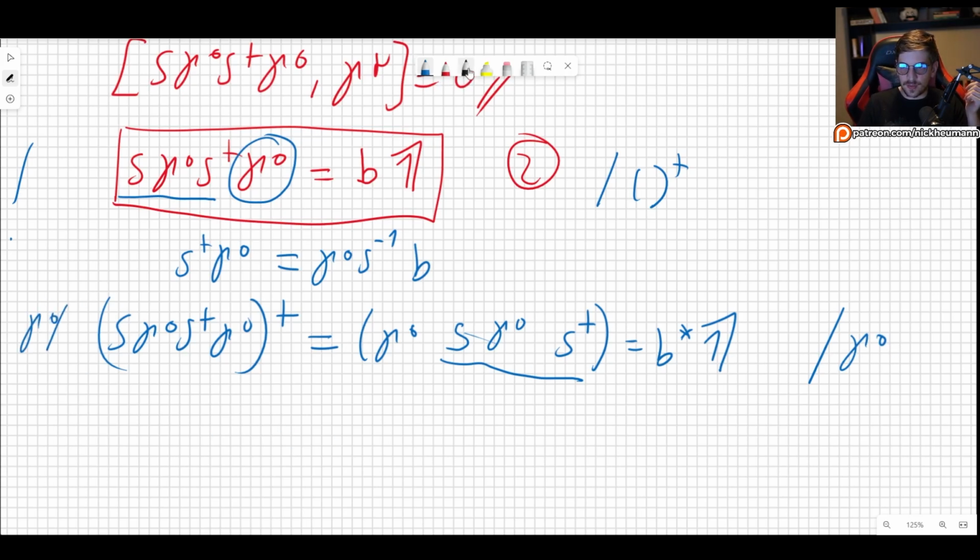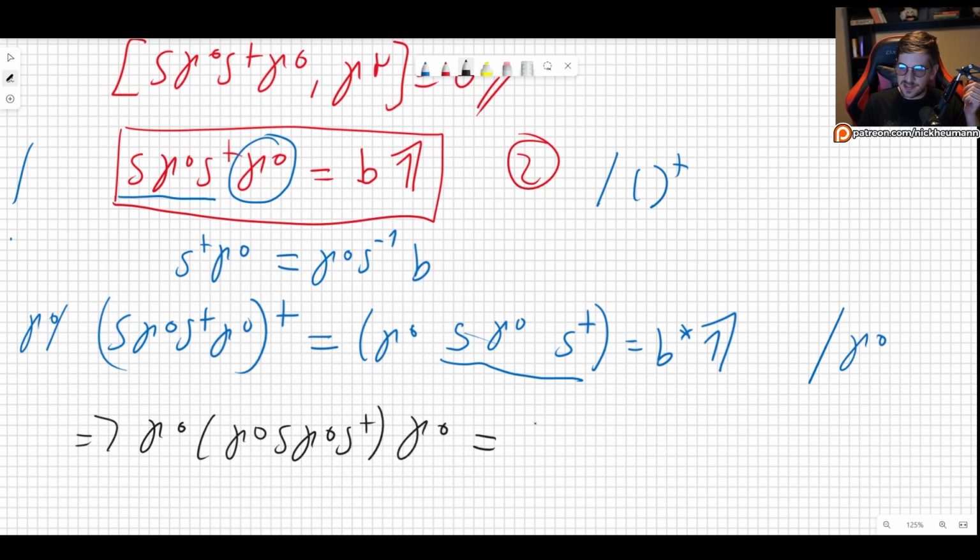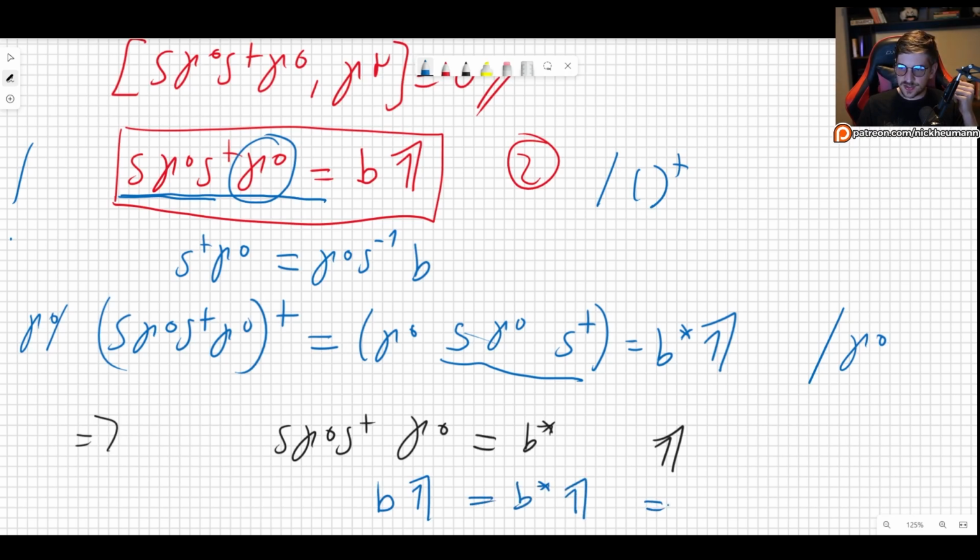That way we get gamma 0 times gamma 0 S dagger gamma 0 equal to B conjugate gamma 0 times the unity matrix. But gamma 0 squared is 1, and again gamma 0 squared here is 1. So we end up with S gamma 0 S dagger gamma 0, which is exactly the same as what we have up there. So that means that B times the unity matrix is equal to B conjugate times the unity matrix. So B is equal to its complex conjugate, which means B is real.